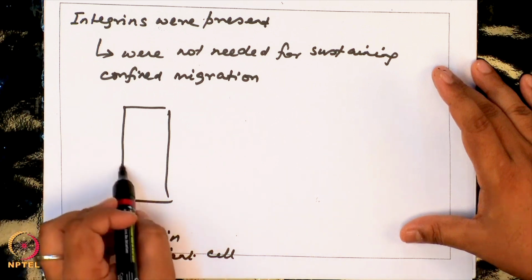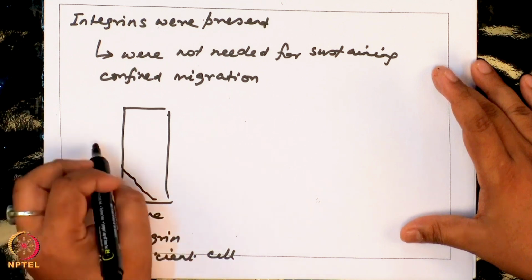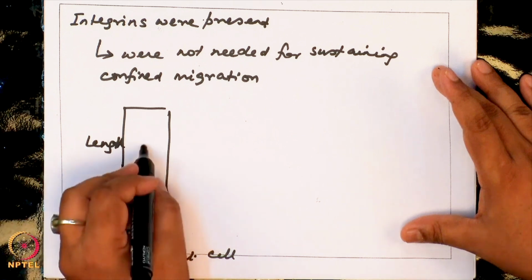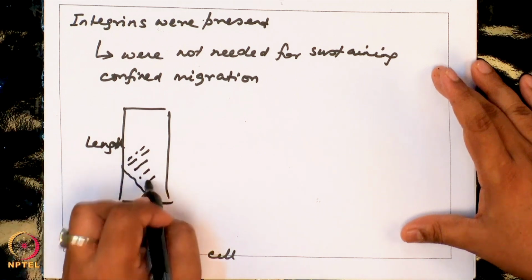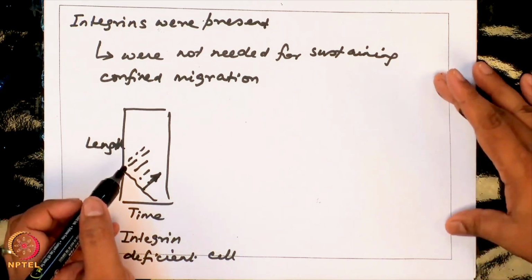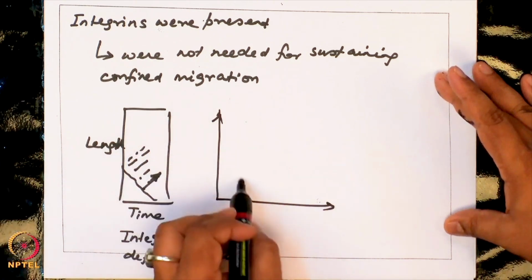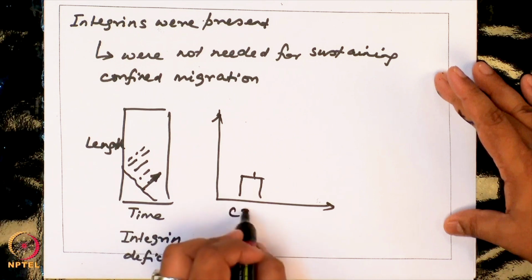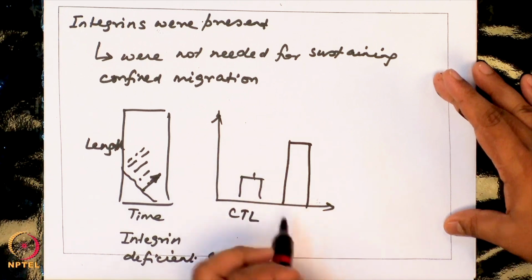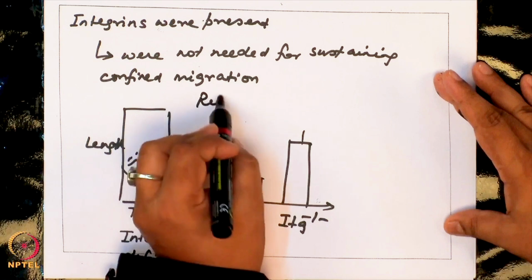This is the membrane which is moving forward. Once again, this is my time axis, this is my length axis. What they found were again these streaks indicating retrograde flow, but the magnitude of the retrograde flow increased significantly. If this was the average retrograde flow in control cells, in integrin null cells the retrograde flow was significantly increased.